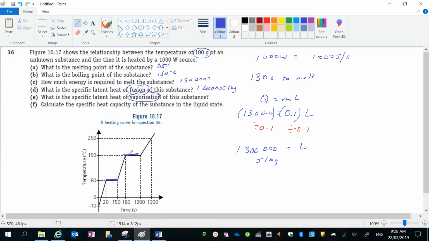So this is this part of the graph where it's boiling. So same thing, we have Q equals mL. So this is part E, isn't it? That was part D. That was C, and A and B were easy. So Q equals mL. Now we know the mass. It's up here.